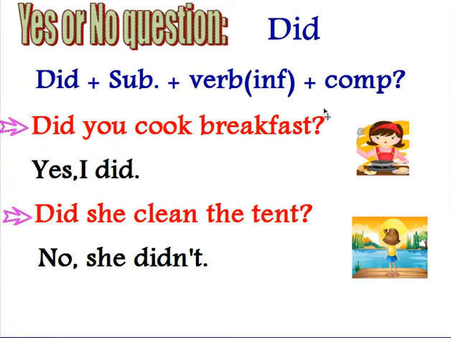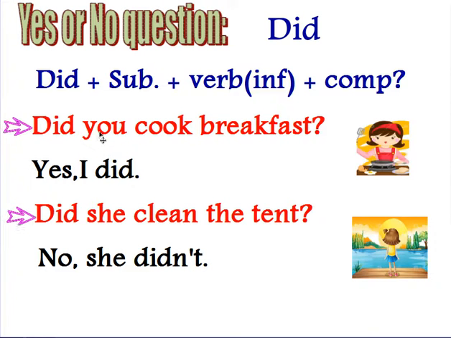For example, did you cook breakfast? If we look at the picture of this woman, what is she doing? She's cooking breakfast. So I answer yes. And I do something called the scissor. I make a switch between did and you.